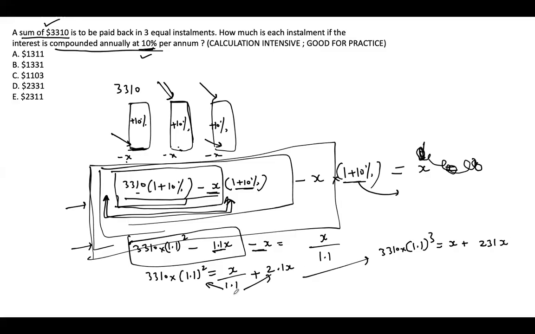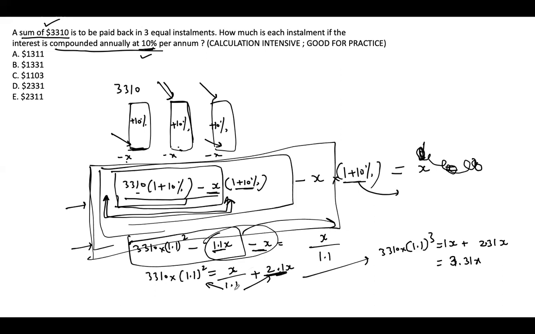And how many decimal places? Let's see. 2.31. We took this 1.1 to the left hand side, no? We took this whole value to the right hand side, which became 2.1x.